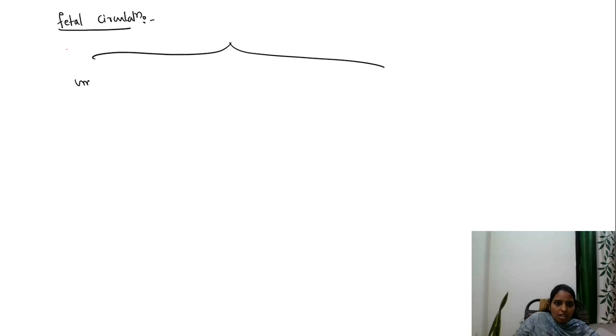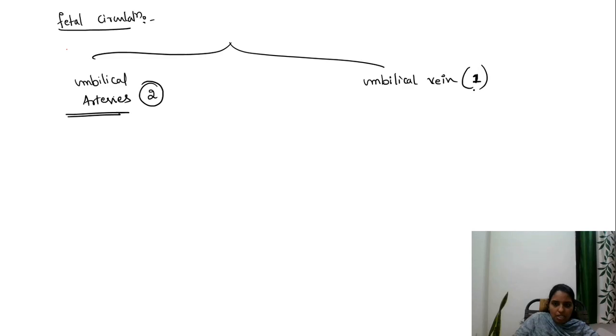For fetal circulation, there must be umbilical arteries, which are two in number, and the umbilical vein, which is one. You all know that only one umbilical vein is present. Out of two, one disappears and one is left.